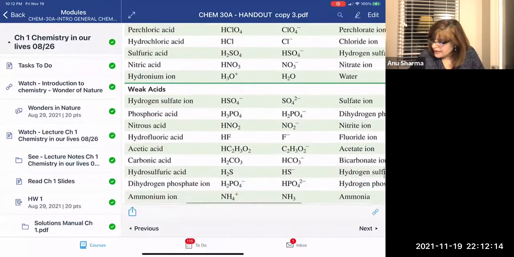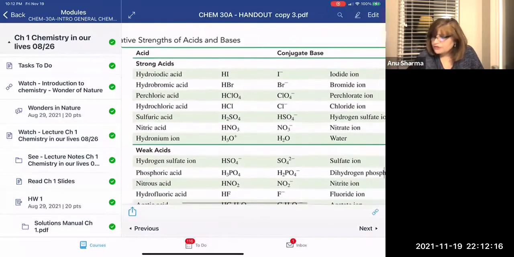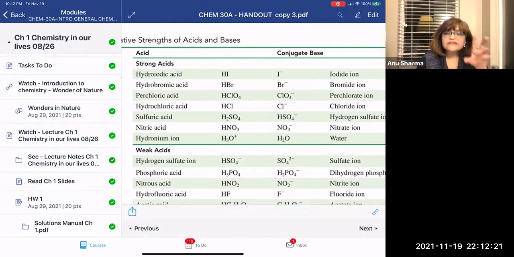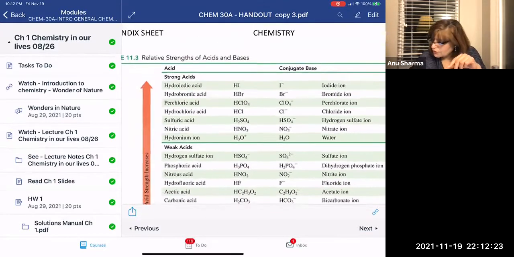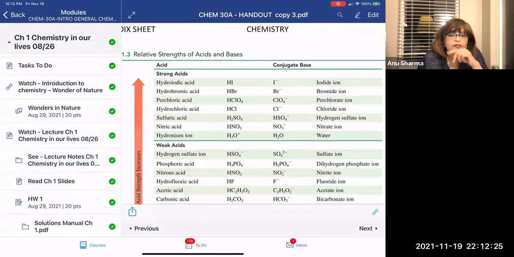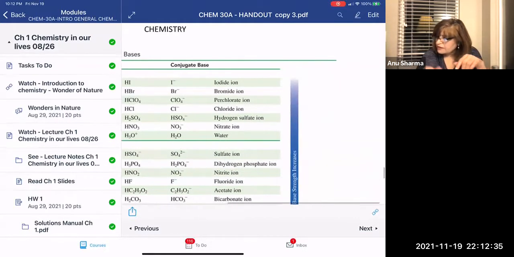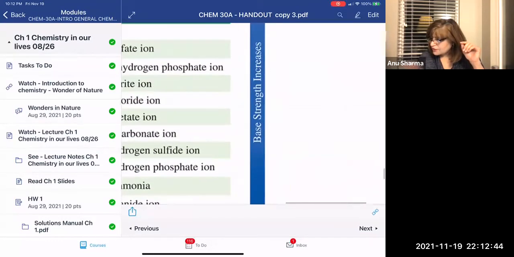Then comes the top ones, which are the strong acids. So keep this in mind. Strong acids have weak bases. How do you know this? You see this red arrow going up. The strong acids are written on the top. The direction of the arrow is pointing up, that means the strength is increasing. On the other hand, the blue line is of the base.